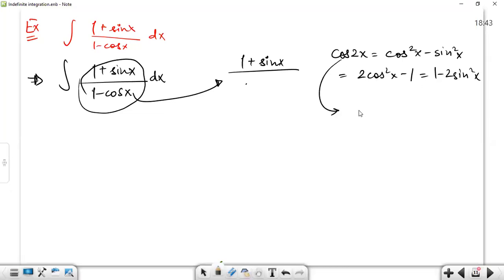From this formula, we can write 1 plus cos 2x as 2 cos square of x. And if we halve the angles on both sides, 1 plus cos x is 2 cos square of x by 2.